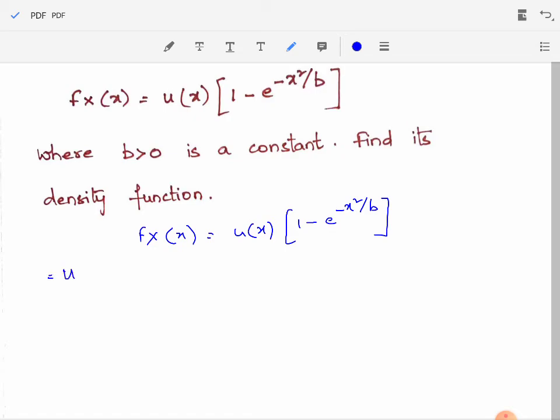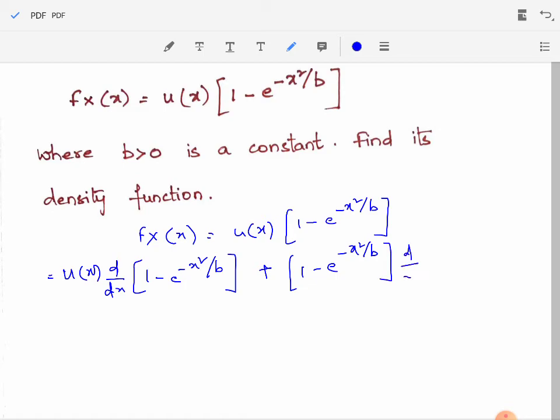This can be written as u(x) d/dx of (1 minus e^(-x²/b)) plus (1 minus e^(-x²/b)) d/dx of u(x), applying the product rule: u dv/dx plus v du/dx.